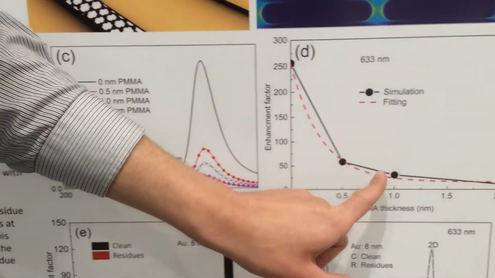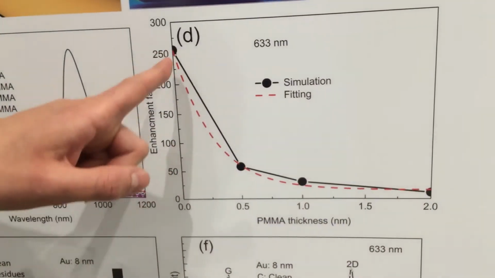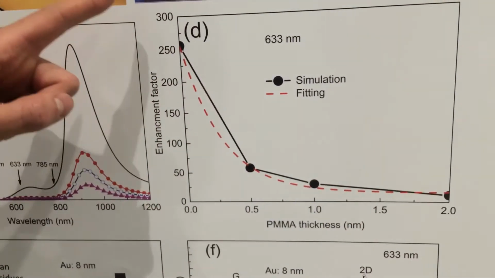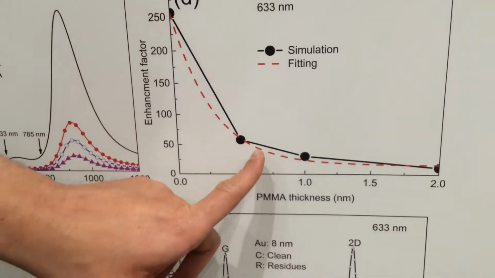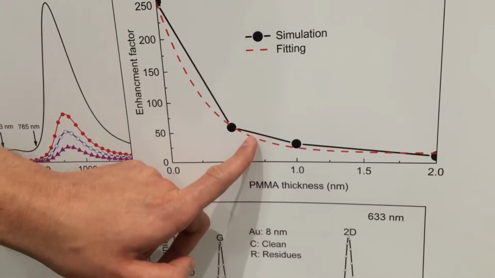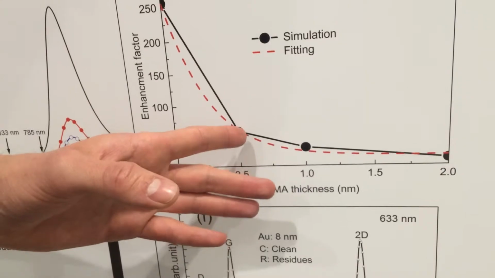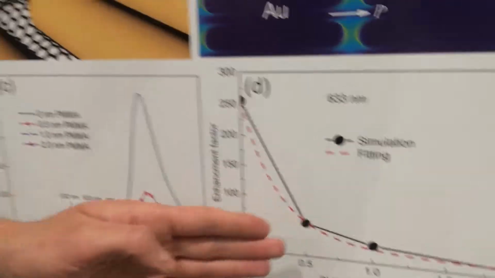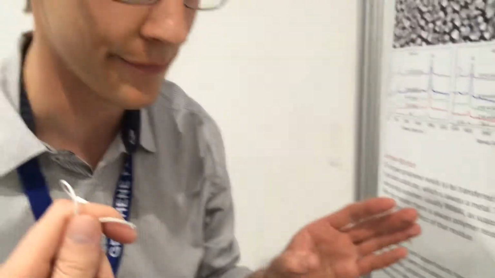We try for the different thicknesses our enhancement at 633 nanometers, and then we've seen a fit, and around 0.6 nanometers of PMMA, we have about the same enhancement as we have in our results.